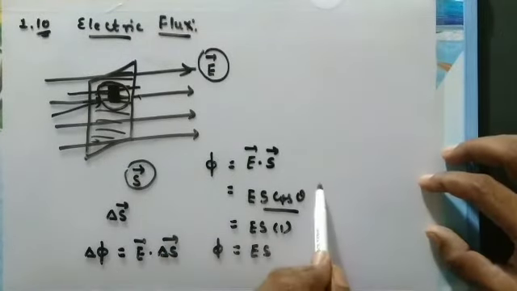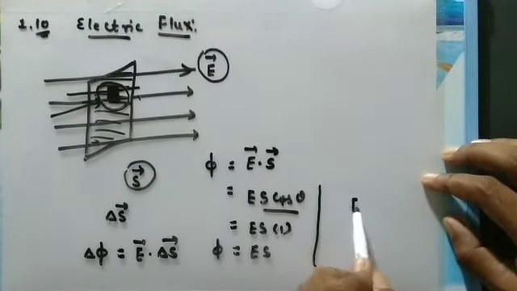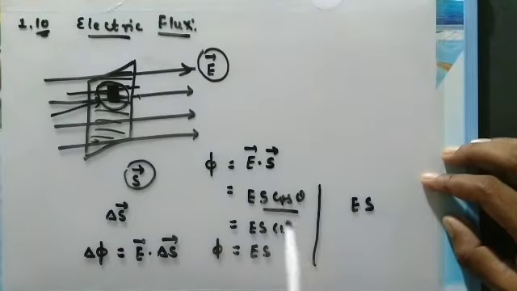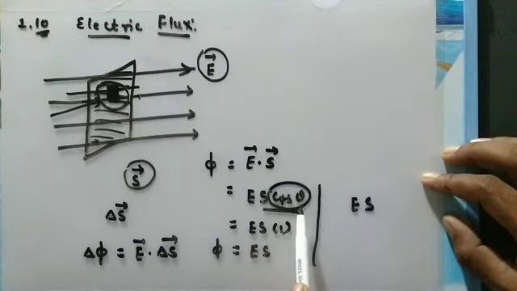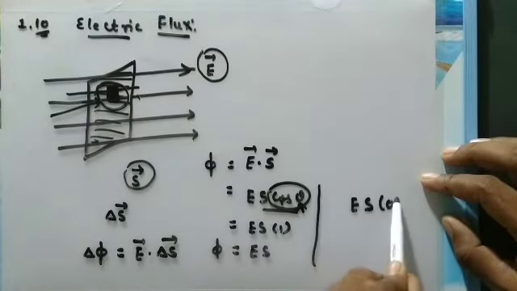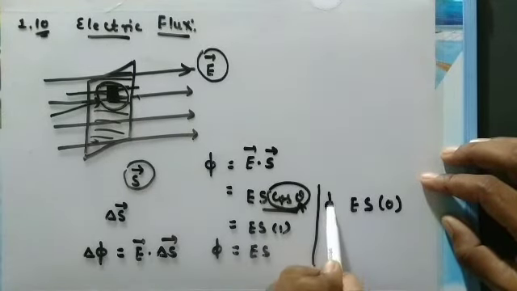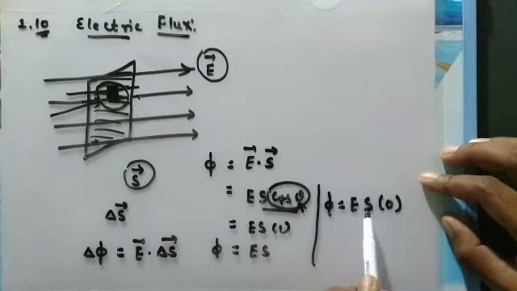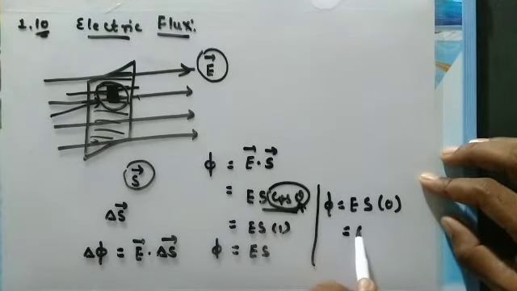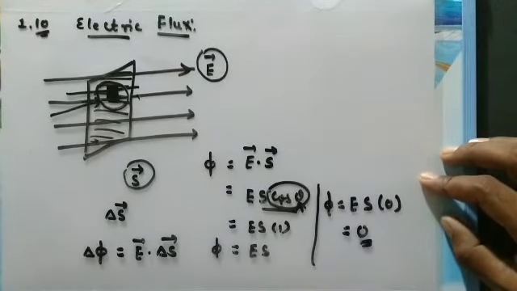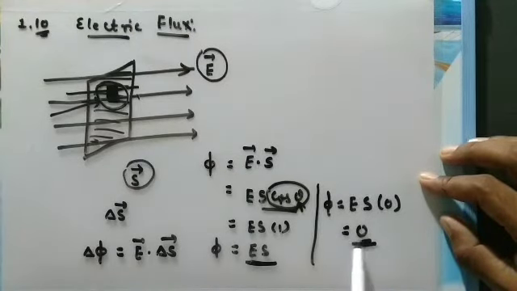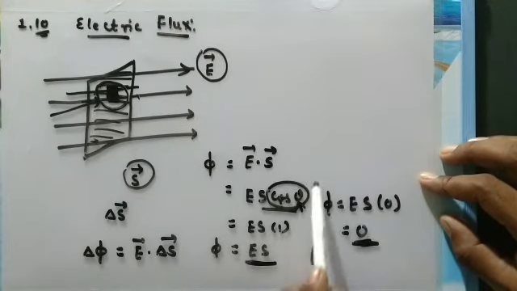So in that case E S cos 90, and cos 90 is 0. So flux phi is equal to E S into 0 is equal to 0. So we can say that the flux can be maximum or it can be 0 depending upon this angle.